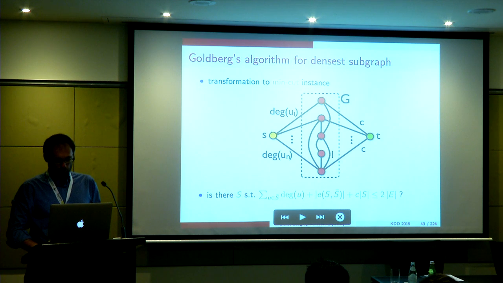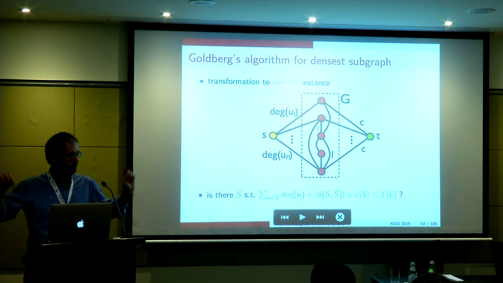And then I also put a special node S, a special node T, and for all nodes of the graph, to the source, I put a capacity equal to the degree of the node. For example, this has degree 1 in the original graph, so this would be capacity 1, while this has degree 2 in the original graph, without counting the source and the sink.